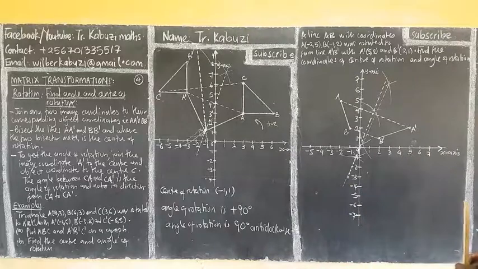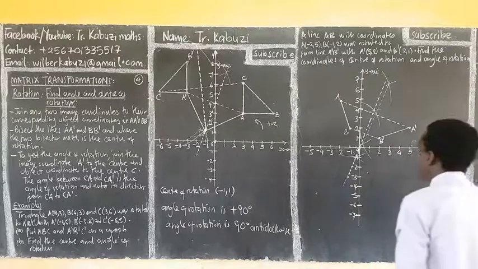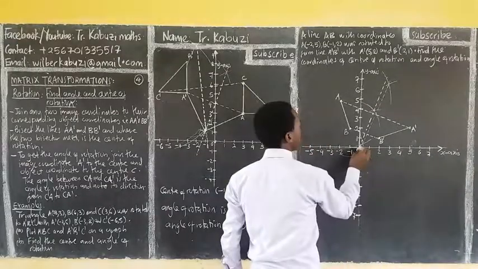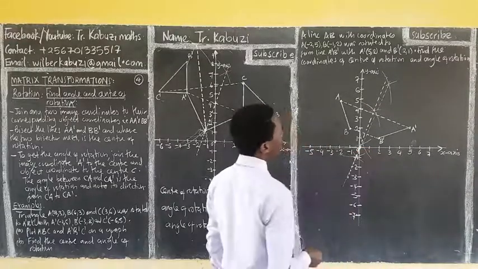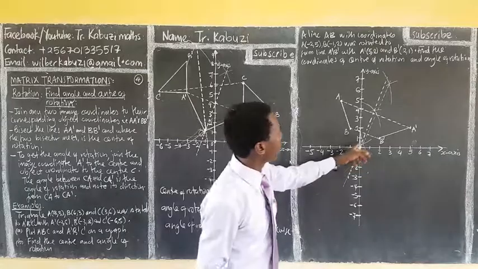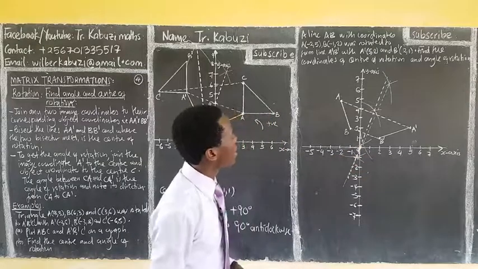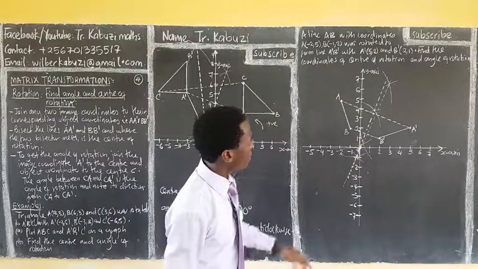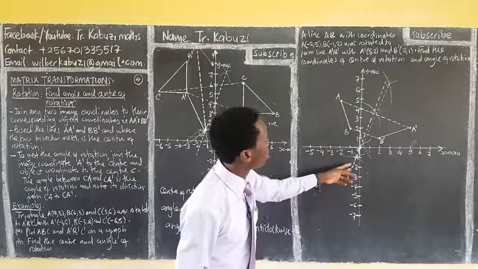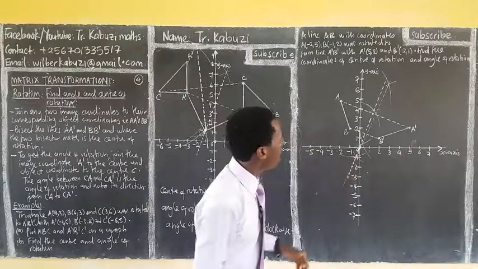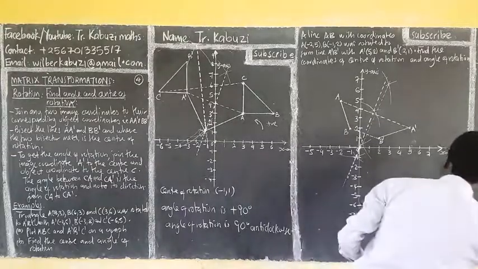Then where those two meet, they are meeting at the center here. That's where this bisector and this one meet. After doing that, you read off the center of rotation.